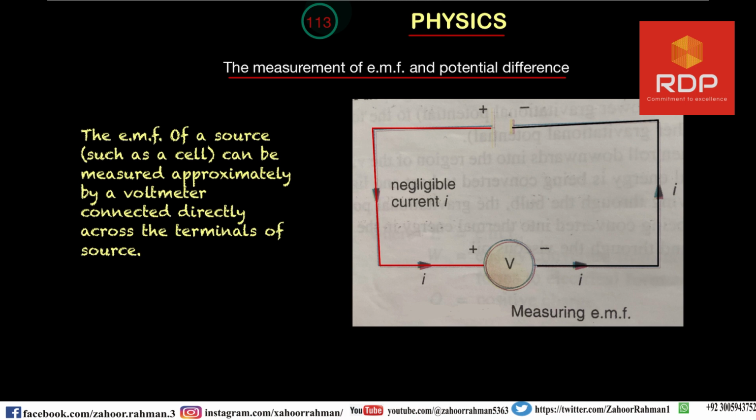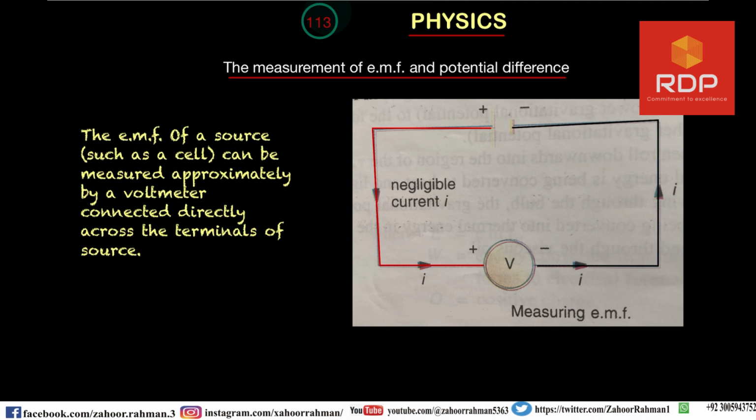So, when we connect a voltmeter directly across the terminal of the source as shown in the figure, we will be able to measure the EMF, electromotive force. The figure shows the circuit diagram for finding the approximate EMF of a cell in volts.